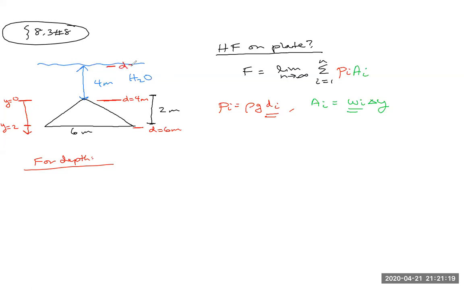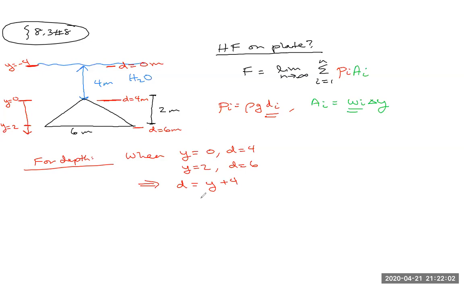So when the depth is equal to 0 meters, what would that mean about y? That means y is equal to -4. So when y is equal to 0, d is equal to 4. And when y is equal to 2, d is equal to 6. The relationship between these, because it would be a linear relationship, is d equals y plus 4.